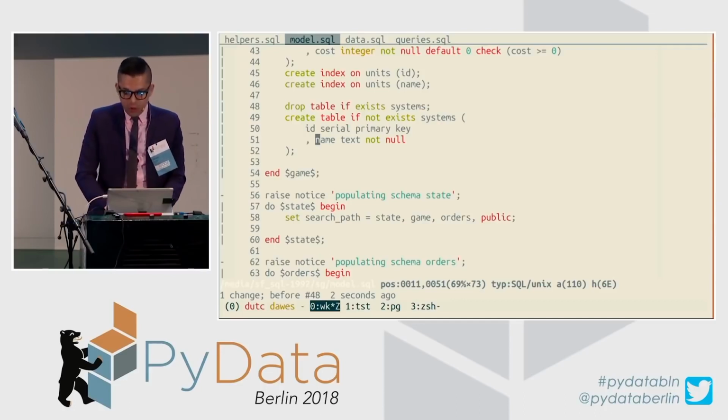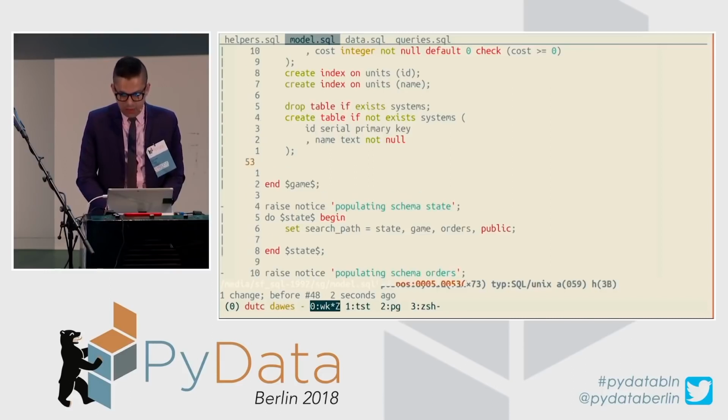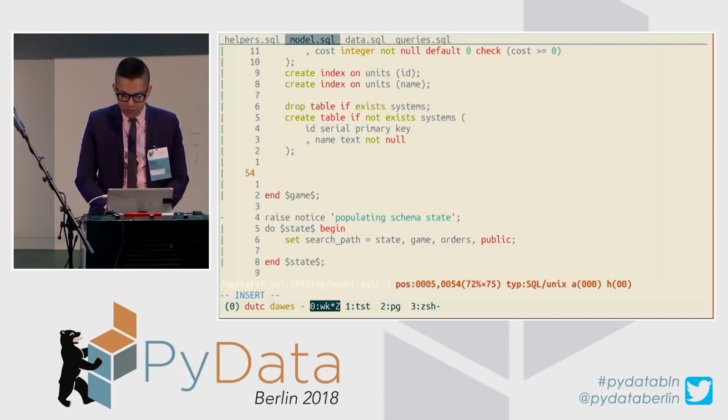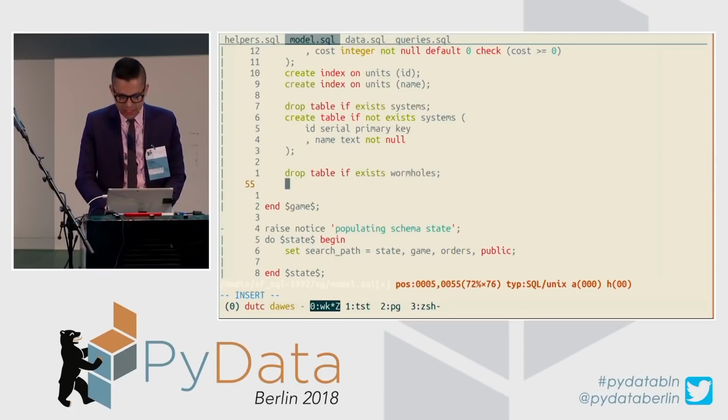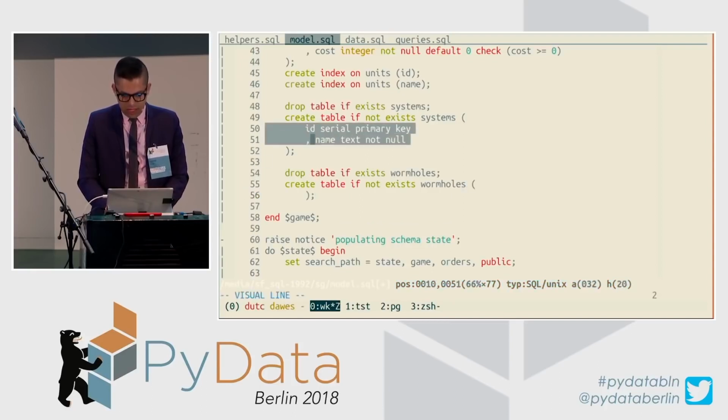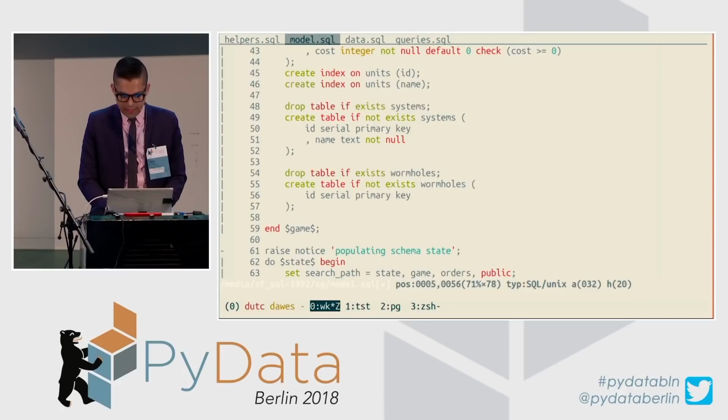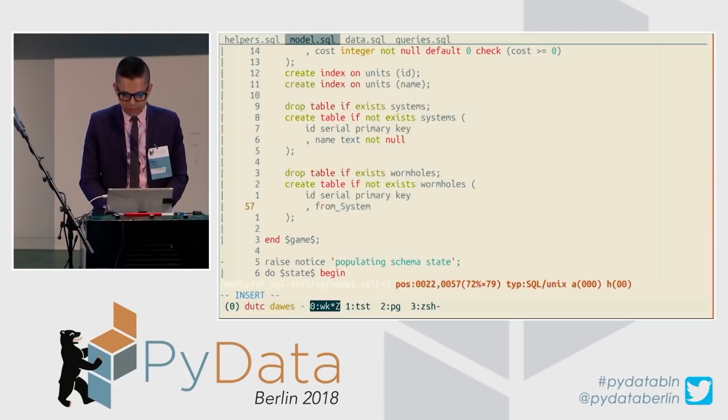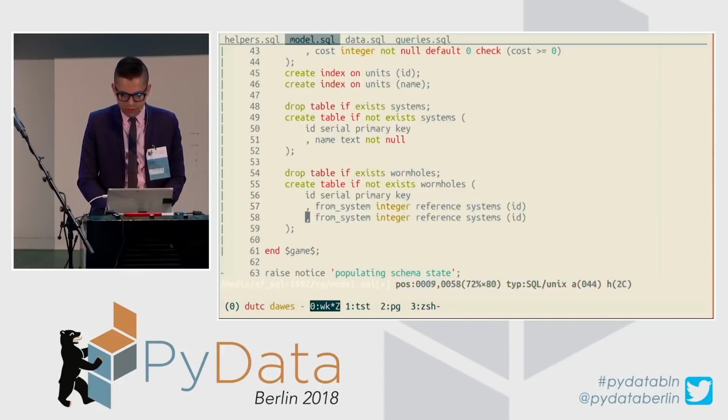Now, the only last piece that I really need in order to complete my definition of what the game looks like is the wormholes that connect each system. I can say this just goes from some system and it goes to some system.